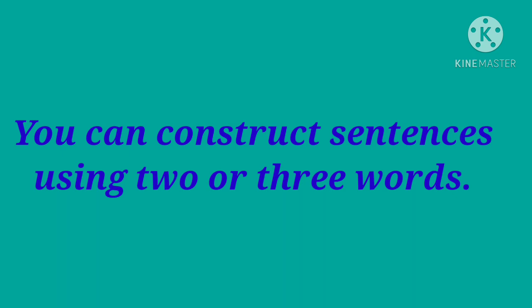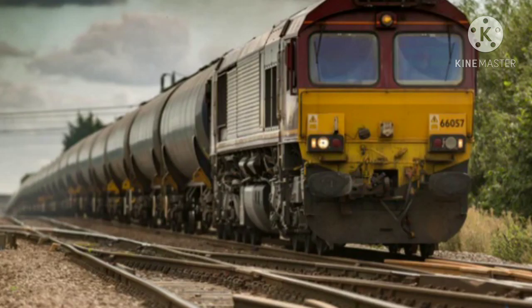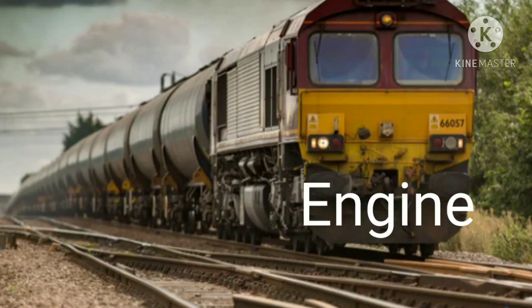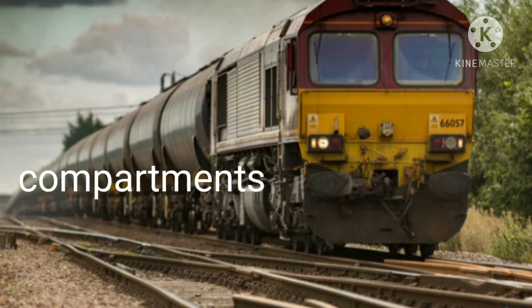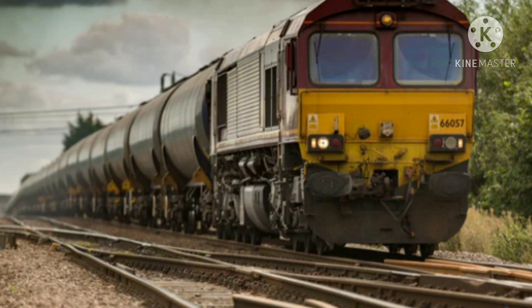The sentence is just like a train. In your train, you have seen one is the engine and the others are compartments. Similarly, in English, one word is the engine and other words are just like compartments.